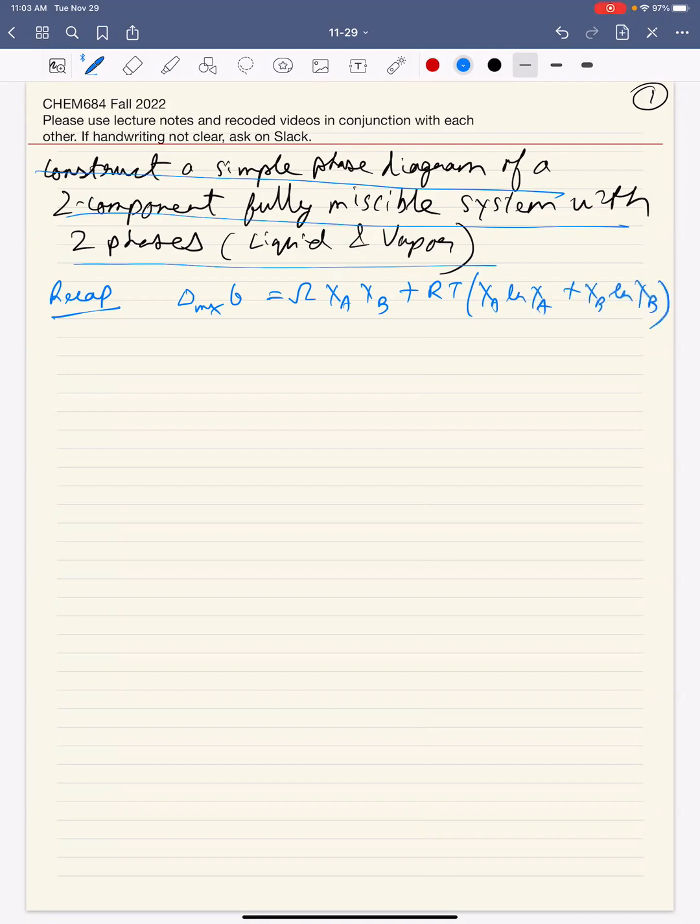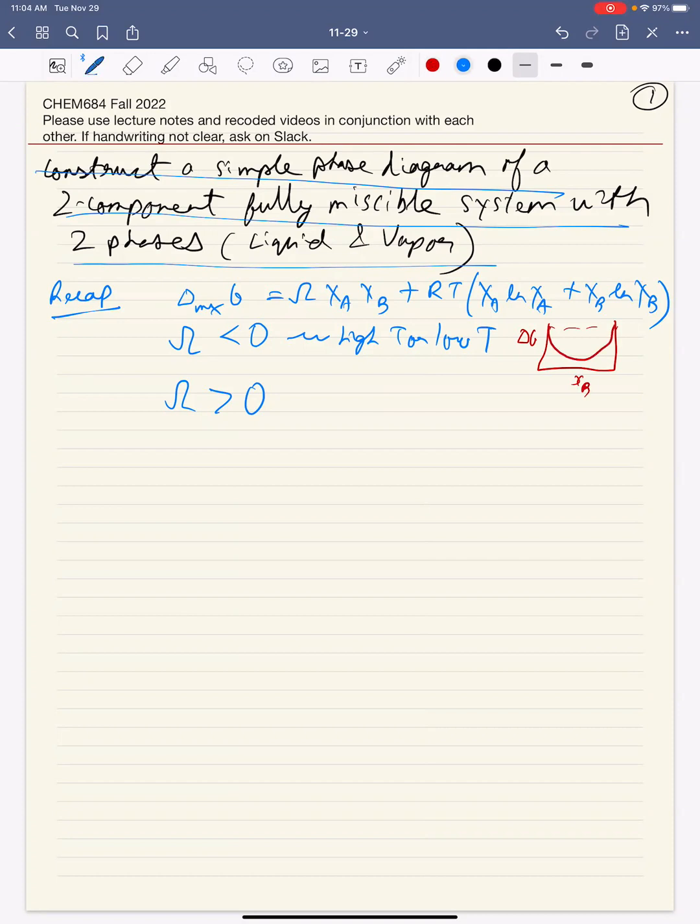And in this one, we had two types of behavior, right? We had omega less than 0 or omega more than 0. In omega less than 0, high T or low T behavior was the same. Remember, they had a free energy curve that always sloped downwards. So in this one, we had delta G versus composition that always looked like this, irrespective of the temperature.